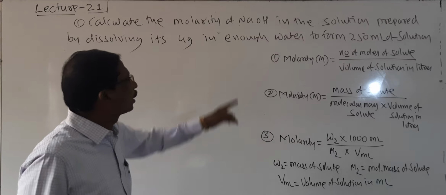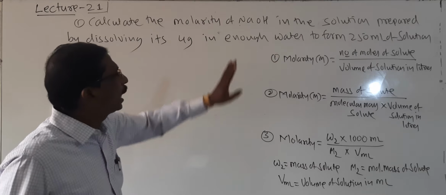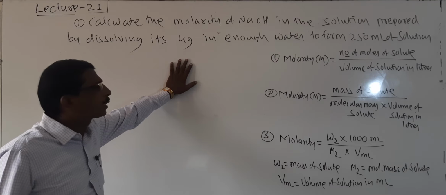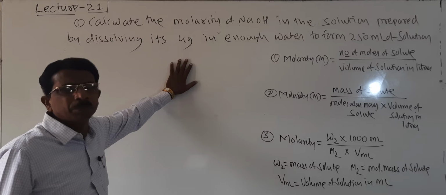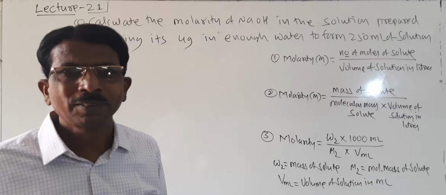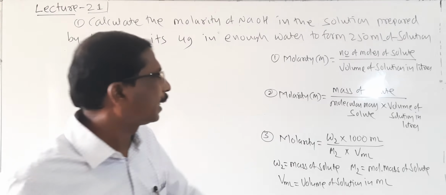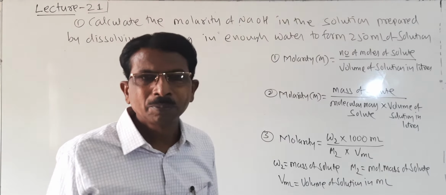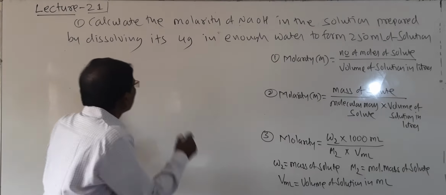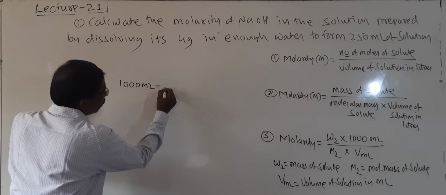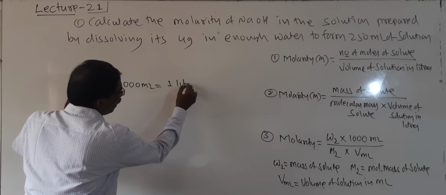So look here first: calculate the molarity of NaOH in the solution prepared by dissolving 4 gram. Mass of solute is equal to 4 gram. Volume of solution is given in ml, not liter, so we have to convert the volume of solution into liter. We know 1000 ml is equal to 1 liter.